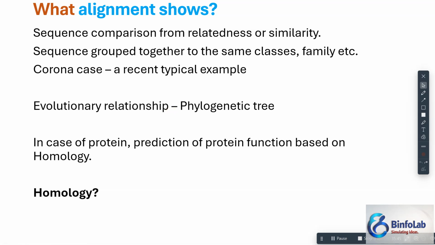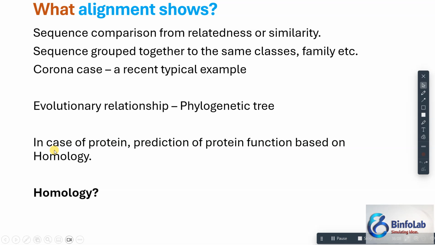Like if you got some sample from a crime scene and some sample from the suspected people, and if there is any matching, once again it's the alignment, the success and importance of alignment.